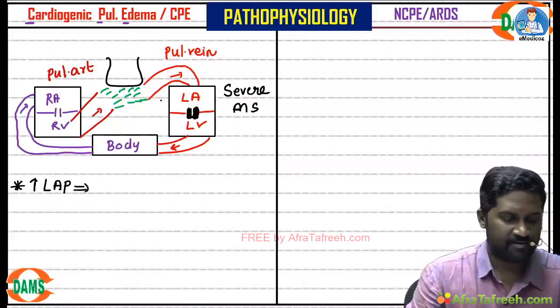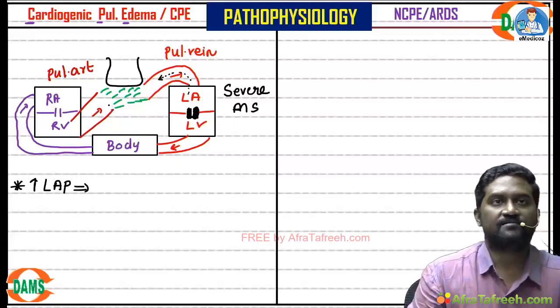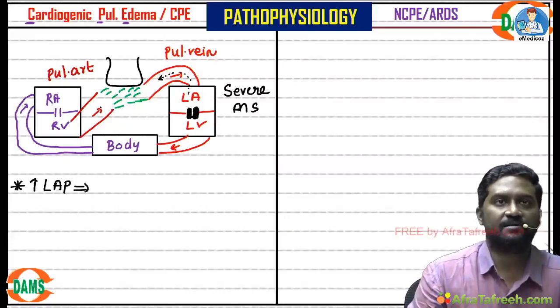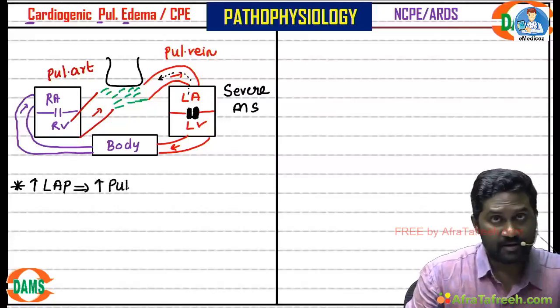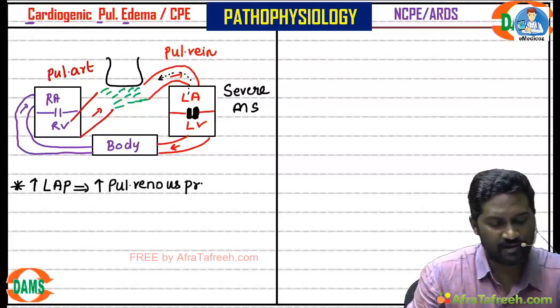From the left atrium, this pressure can be transmitted backwards to the contiguous structure. What is the structure contiguous to the left atrium at the back? Pulmonary vein. There will be increased pulmonary venous pressure.